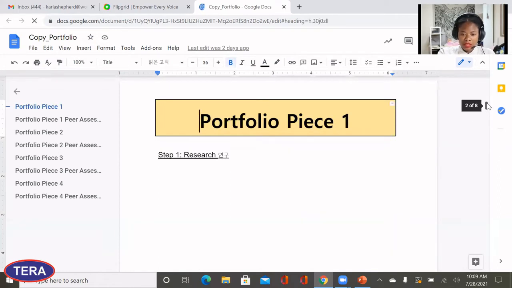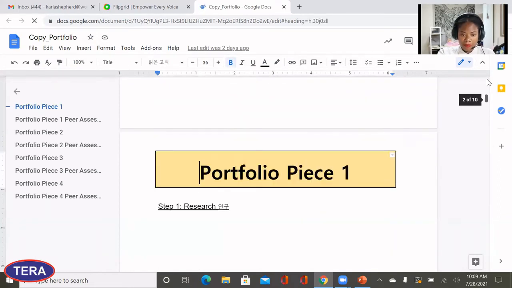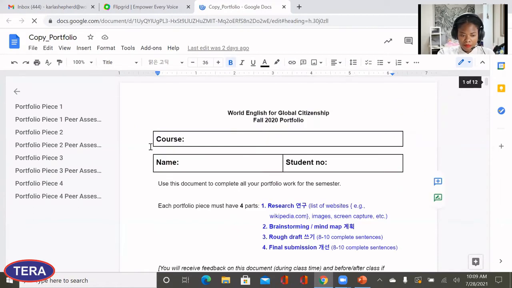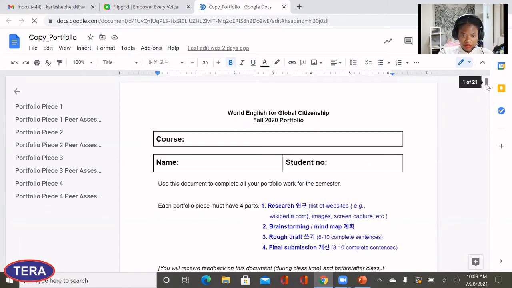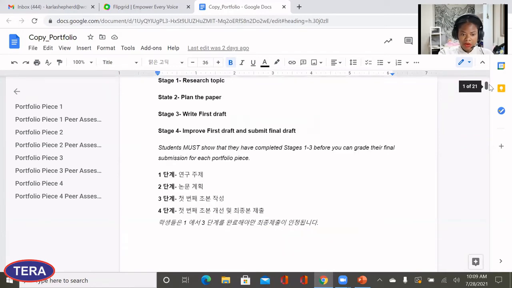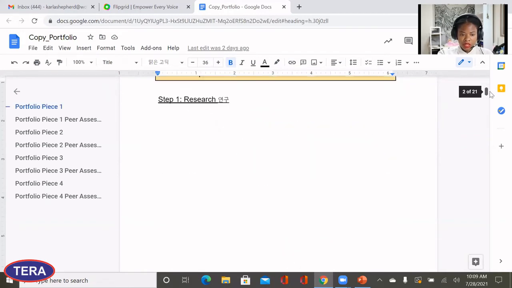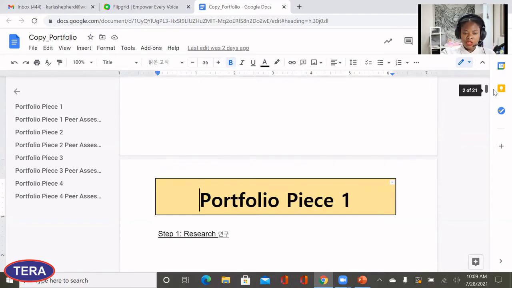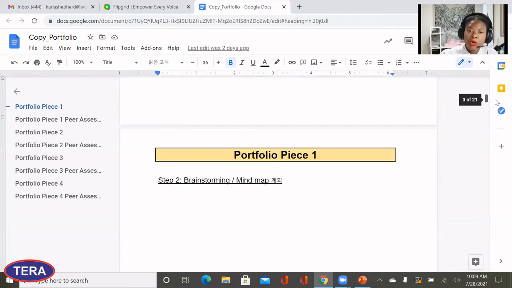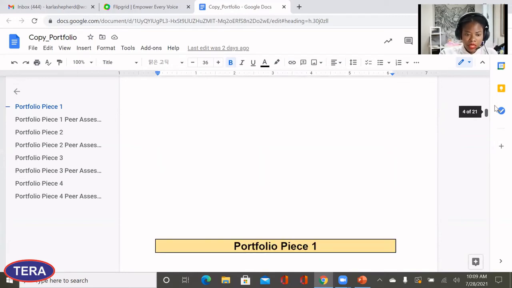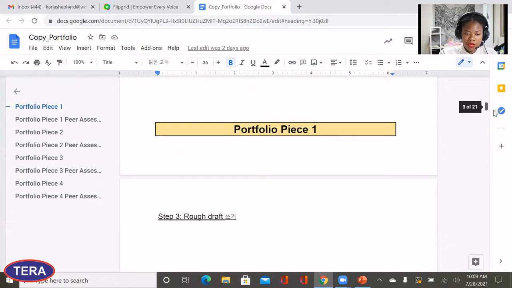So let's see, maybe it's better to just do it this way. Sorry, one second. Okay, so here are the instructions. There's the research part, step 1, the brainstorming mind map section, step 2, and step 3, the rough draft.